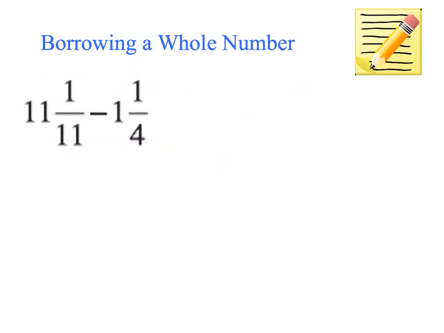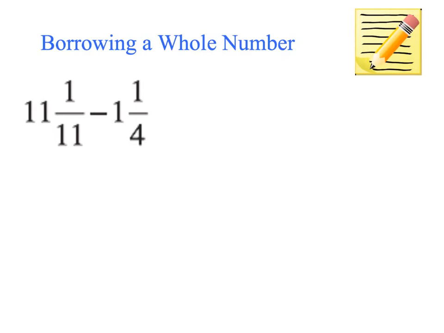Okay, so let's do this when we are borrowing a whole number. Again, it's the same thing here. 1/11 is actually smaller than 1/4. So we can't just use the fraction 1/11 to take 1/4 away from it. We have to borrow from the whole number of 11.